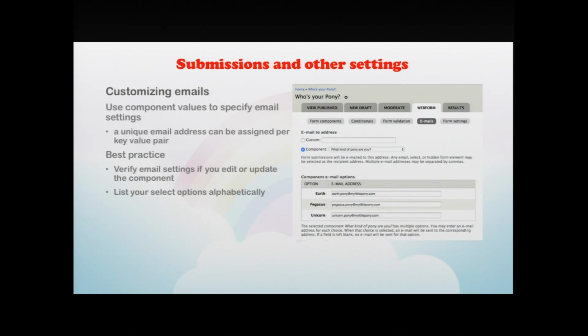Another thing is that if you have a lot of options, key value pairs, it's always best to list them alphabetically. It's just better to manage them that way. One way to do that is to keep an Excel spreadsheet of it, and then copy and paste those key value pairs into your select options settings.